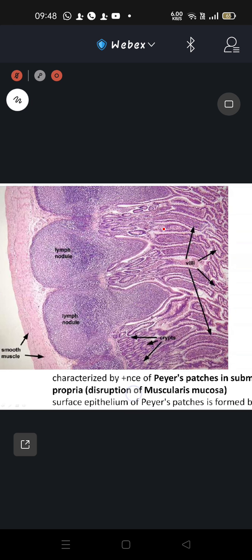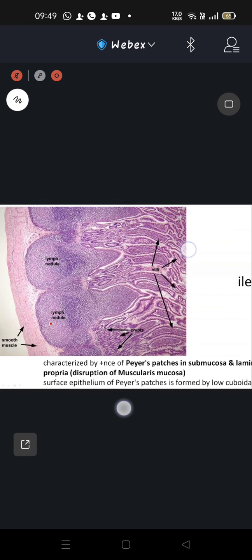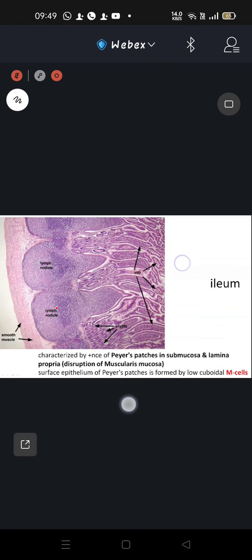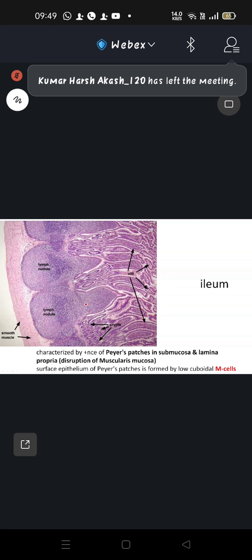And the interface with the submucosa is also filled with the linear aggregation of lymphocytes. So these linear lymphoid nodules which form the Peyer's patches here are extending into the lamina propria.